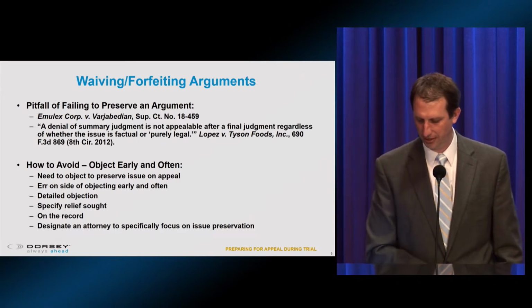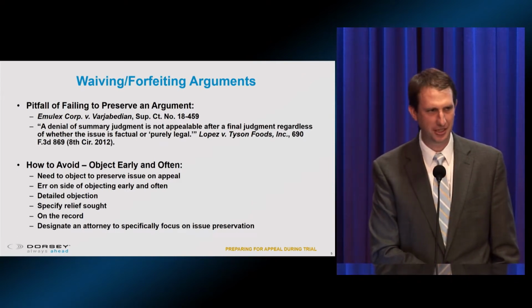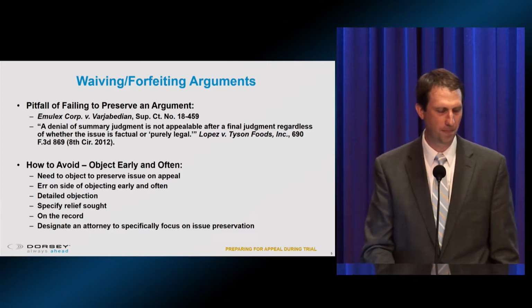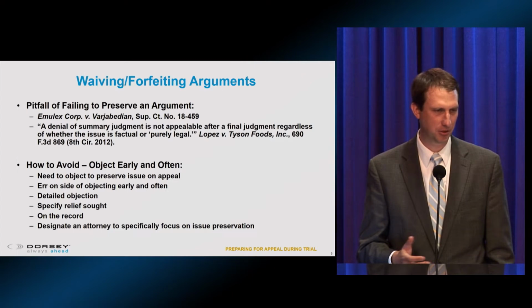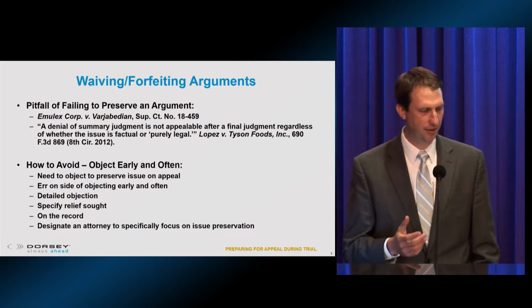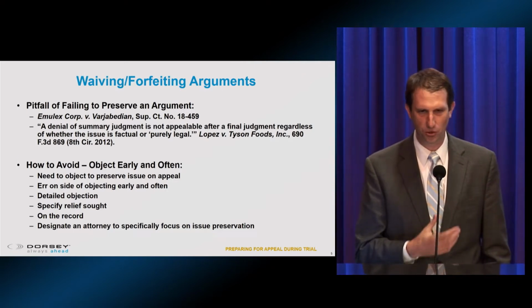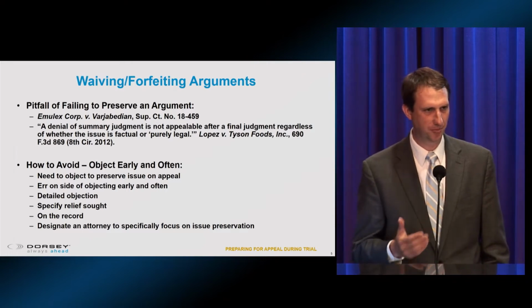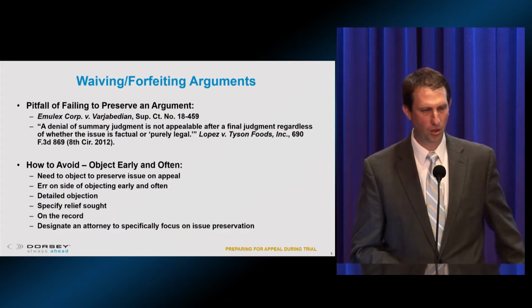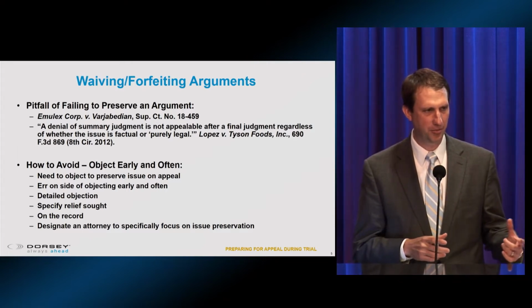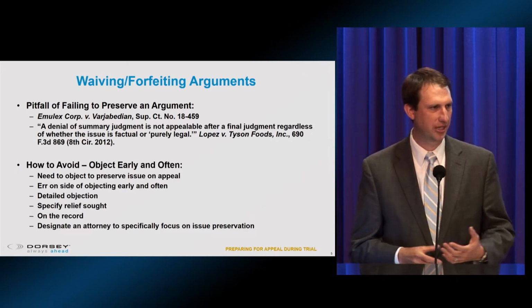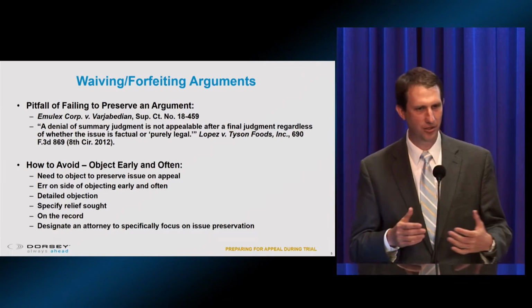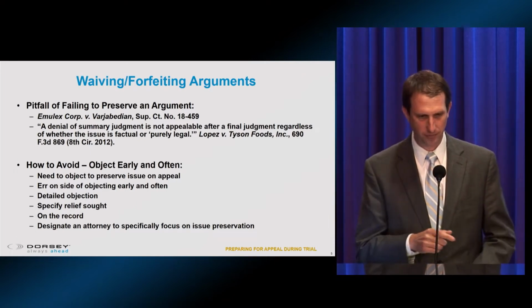Just this past term in the Supreme Court, there was this Emulex case that was before the court. It was a private Securities Act claim that was brought by a private litigant. And the issue that had been before the Ninth Circuit that had created a circuit split, and then was raised in the petition for writ of certiorari, was what the pleading standard should be for a private litigant as opposed to the government in bringing one of these claims, whether it should be a negligence standard or some sort of scienter requirement.